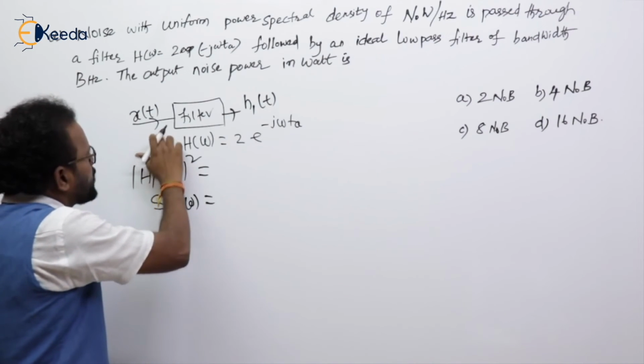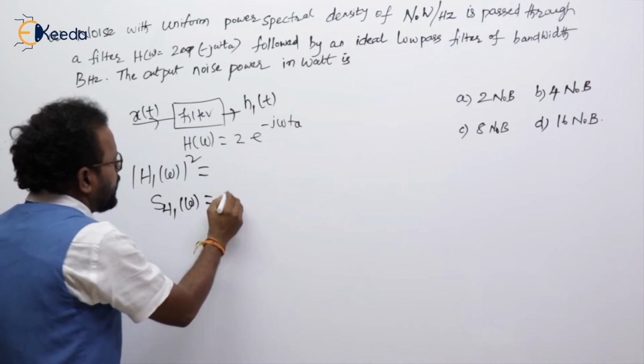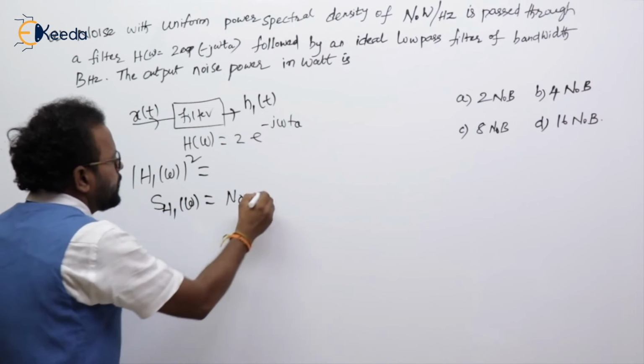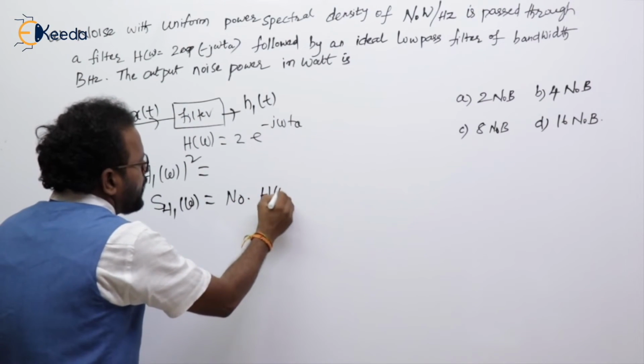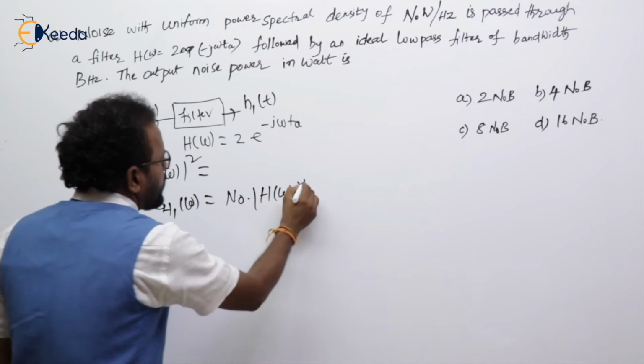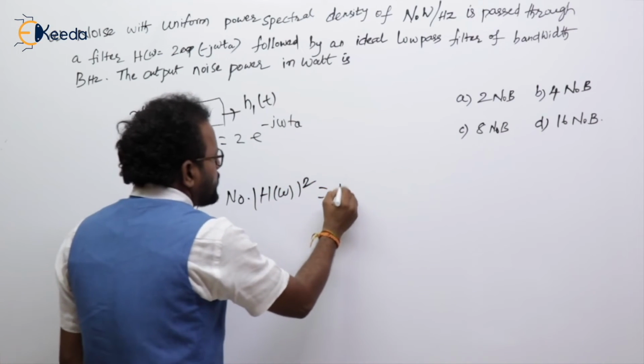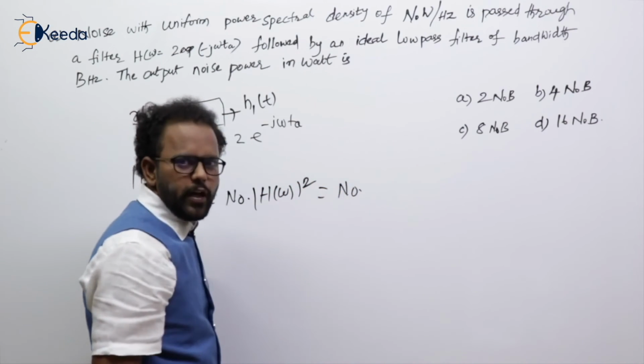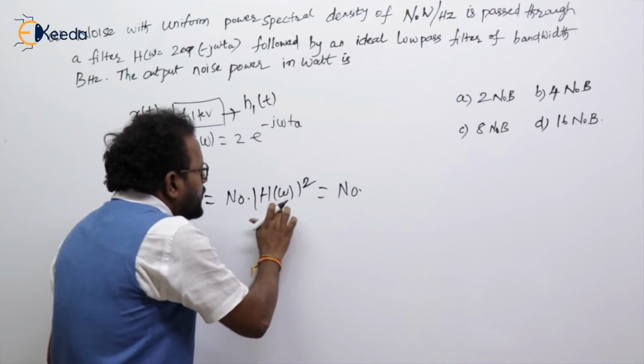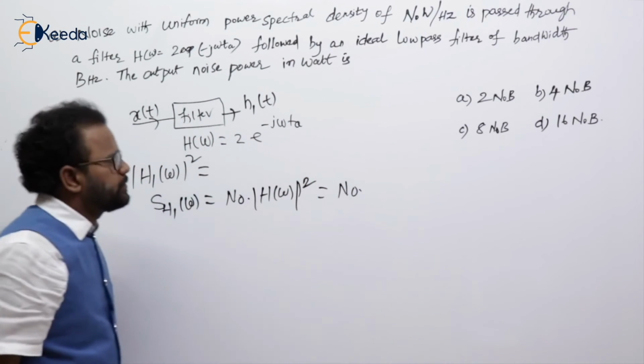What is the input power spectral density? It is N0 into |H(ω)|².